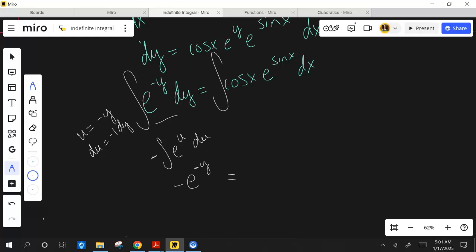I picked the harder of them to do with you. So yes, u would be sine, which means du would be cosine, which means what I have is e to the u du.